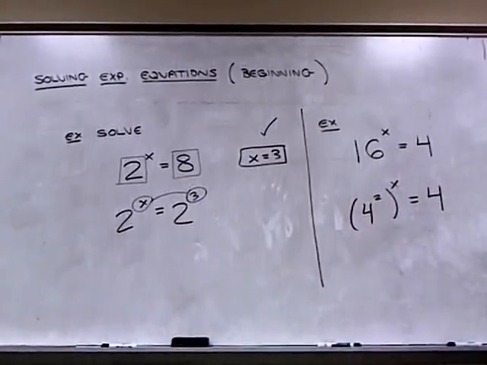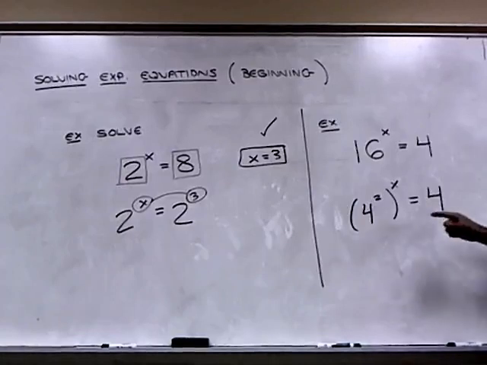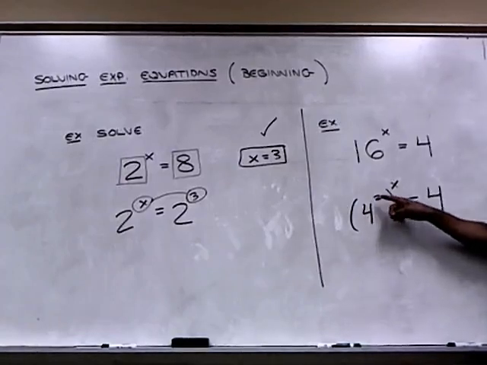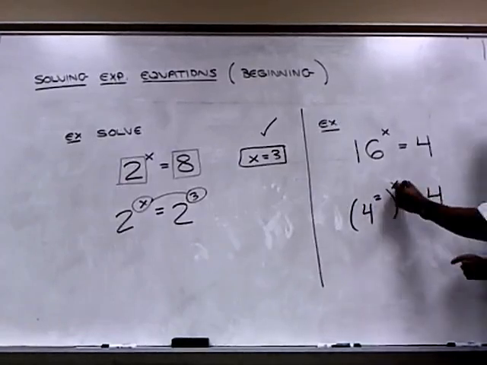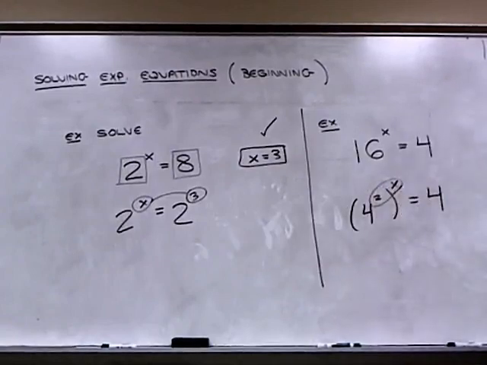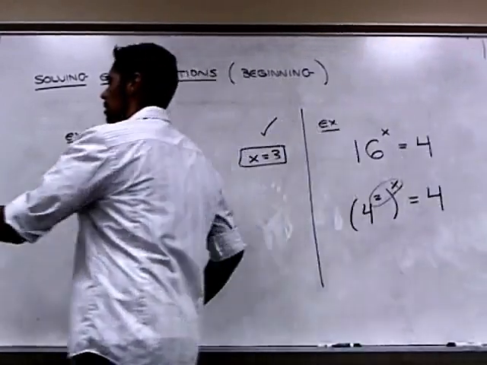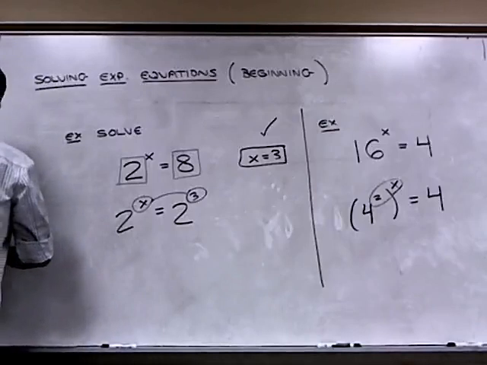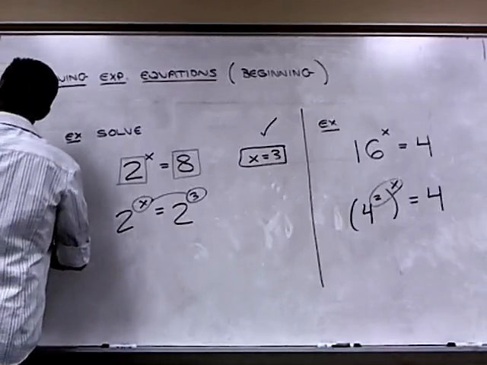All right. Now, do you remember a property of exponents? If you have something to a power and then all of that to a power, what do you do to those two powers? We had these properties so you don't confuse them.